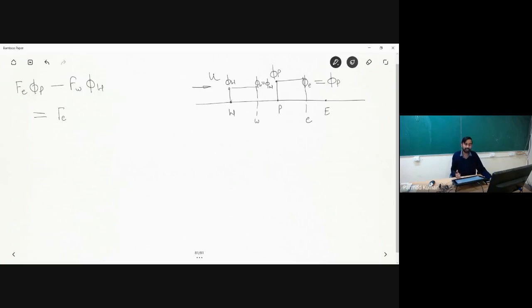So while we calculate d phi by dx, because the diffusion term propagates the information uniformly in all directions, for diffusion we will follow the central difference approximation only. So following the central difference approximation for diffusion, we get gamma E times phi E minus phi P divided by delta x, and minus gamma W times phi P minus phi W divided by delta x.